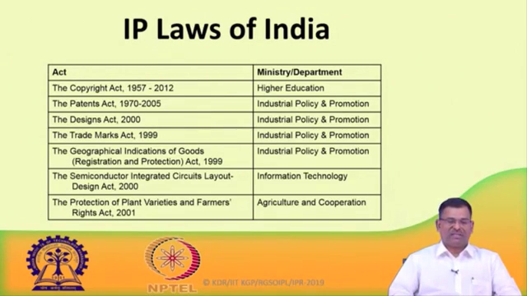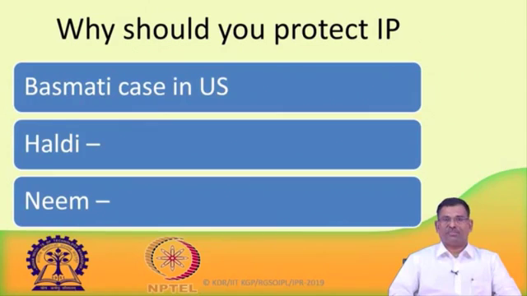So, we have the Patent Act, the Copyright Act, the Designs Act, the Trademarks Act, the Geographical Indications of Goods Registration and Protection Act 1999, the Semiconductor Integrated Circuits Layout Designs Act 2000, and the Protection of Plant Varieties and Farmers Rights Act 2001. Most of these acts came after the TRIPS agreement came into existence in 1995. We amended our laws in accordance with it.